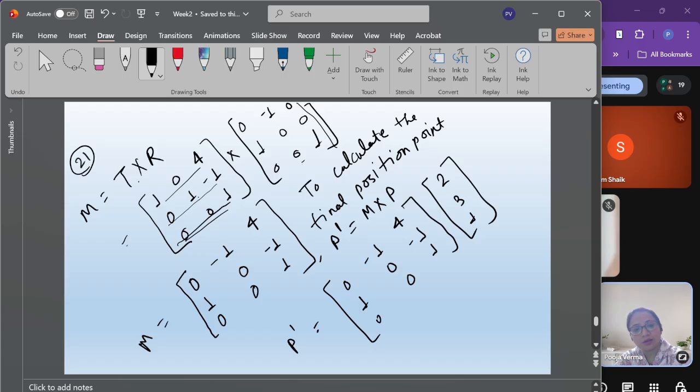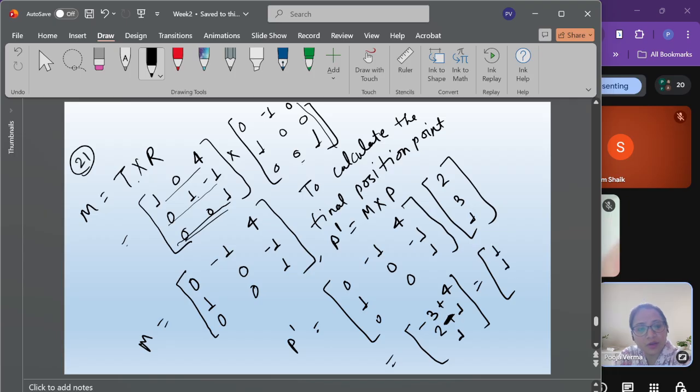First row: 0 into 2 is 0, minus 1 into 3 is minus 3, plus 4, so 1. Next row: 2 plus 0, so sorry, here it will be minus 1 because it is minus 1. The last one is 0 0 and 1 is left. So the final position point is 1 1 1.